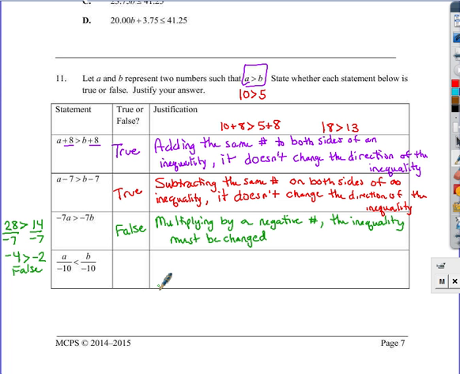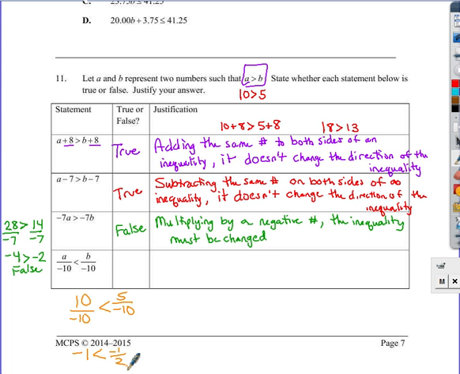The next one says that A divided by negative 10 is going to be less than B divided by negative 10. So if I plug in my original numbers, I'm saying 10 divided by negative 10 is less than 5 divided by negative 10. I'm going to divide. Negative 1 is less than negative 1/2.